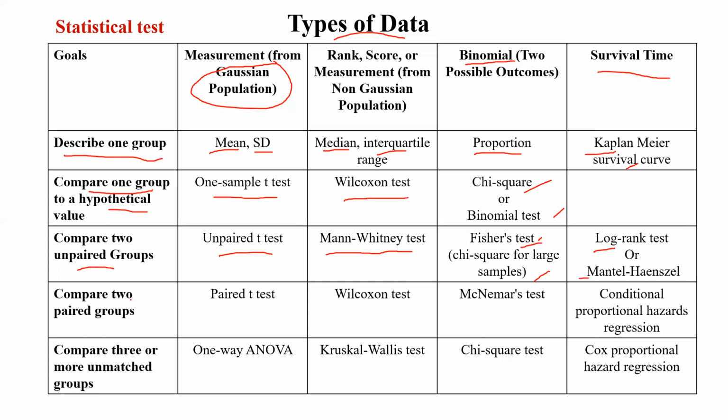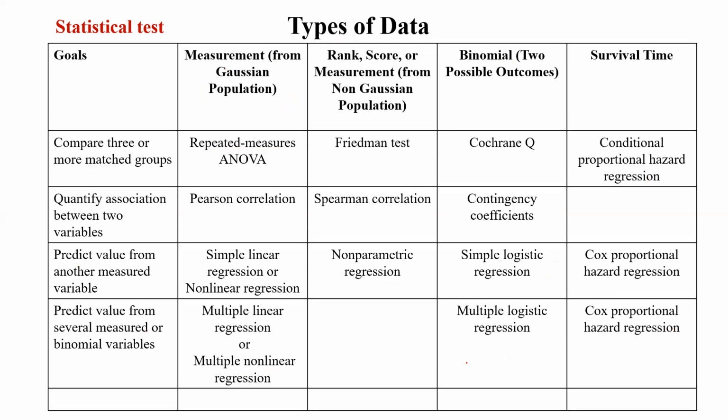In the same way, for comparing two paired groups, we'll go for the paired t-test for Gaussian, Wilcoxon test for non-Gaussian, McNemar test for binomial, and conditional proportional hazard regression for survival time. To compare three or more unmatched groups, we go for one-way ANOVA, or for non-Gaussian the Kruskal-Wallis test, and for binomial the chi-square test. For survival time we can go for Cox proportional hazard regression.